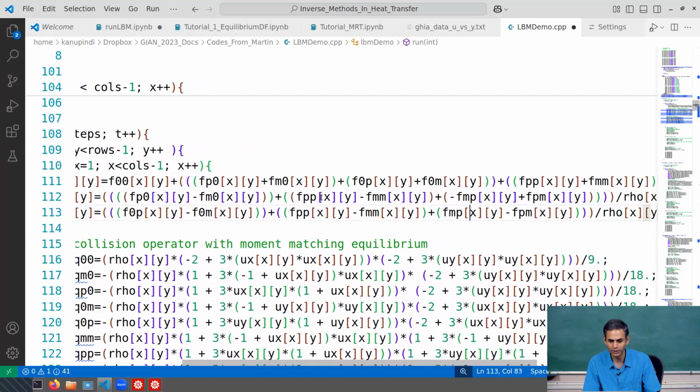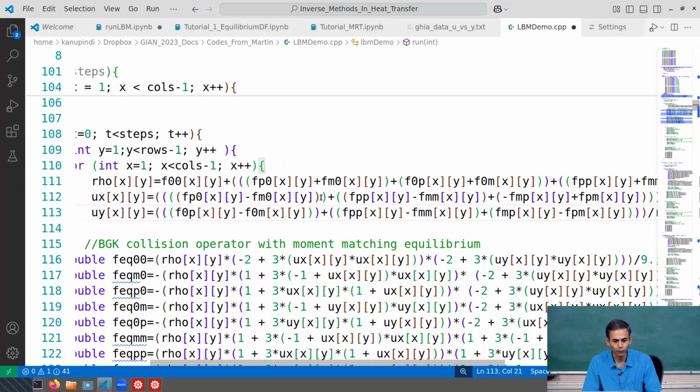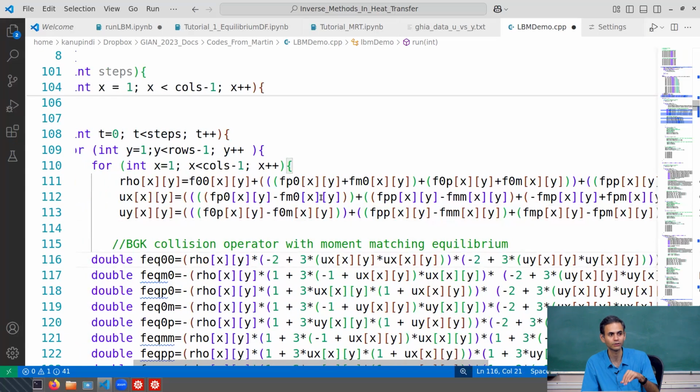So these are computed first before I calculate the distribution function for F equilibrium. That means the F's are the distribution functions which are constantly evolving as you are solving, and from that time step of F values I am calculating rho, ux, uy, and those I am using to calculate the equilibrium F.